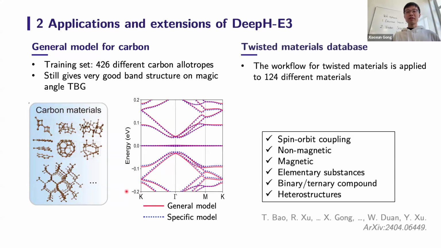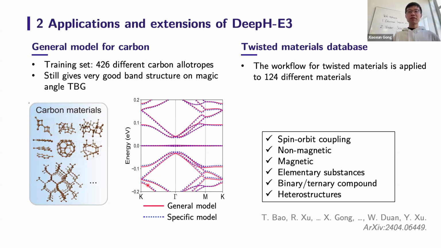And we can also consider twisted materials with a database. Because of all the research that has gone into twisted materials since the discovery of twisted bilayer graphene, people have studied a lot on the correlated phases and other topics in twisted 2D materials.